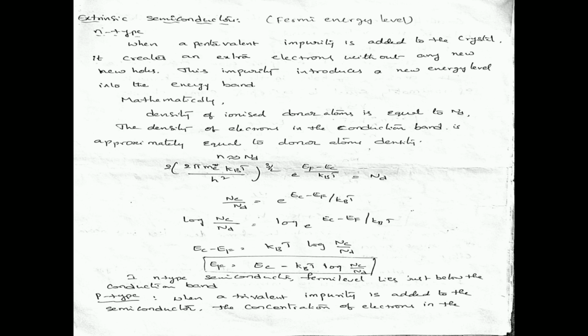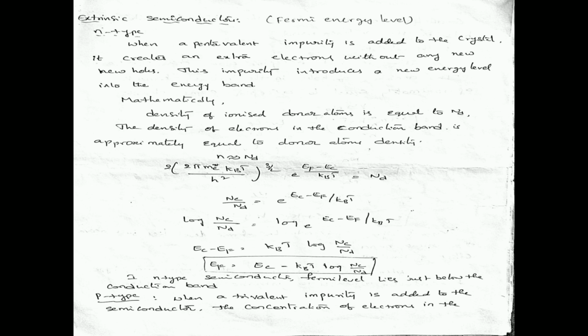The density of electrons in the conduction band, that means carrier concentration, is approximately equal to the donor atoms. So N is approximately Nd.